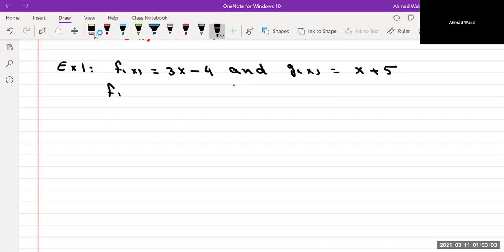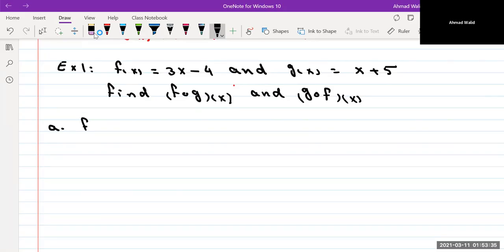Find f of g of x and g of f of x, correct? Let's start with easy ones. Focus here in this example. You will learn, hopefully, how to do the composition.